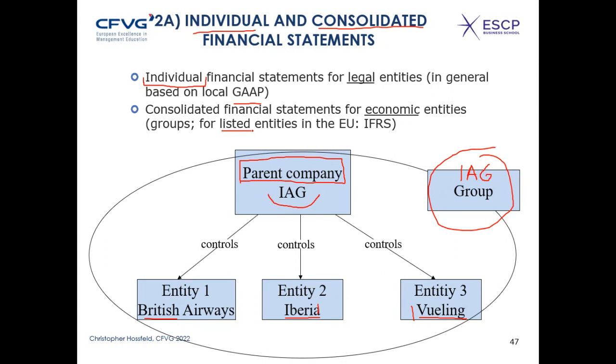So do I need to apply IFRS only when all four companies are listed, or what do you think?